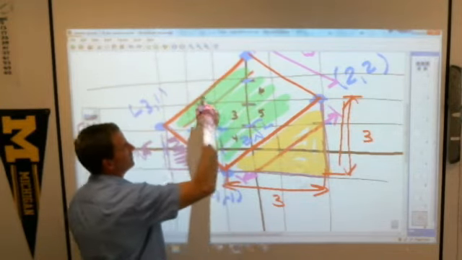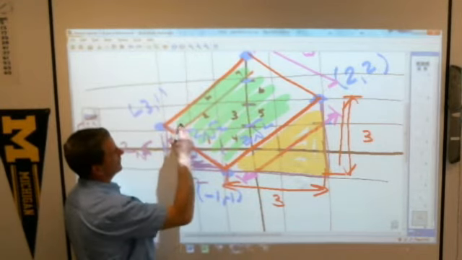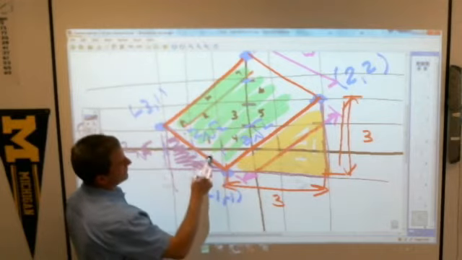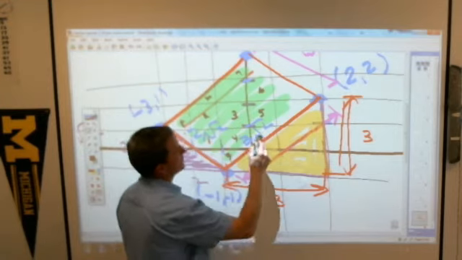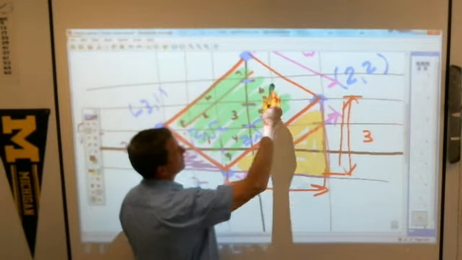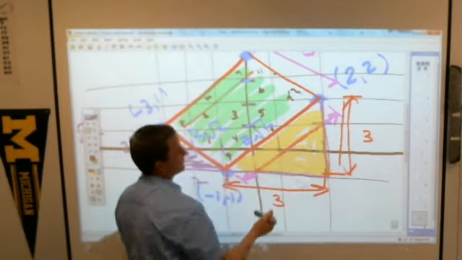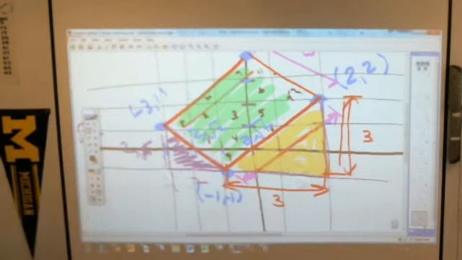If I put these 2 together, I get 7. Maybe this one and this one together, I get 8. Maybe this one and this one together to get 9. This one and this one together to get 10. Oh, it's got to be close. This one and this one, 11. And these 2, 12 it is. Trust the math, kids.